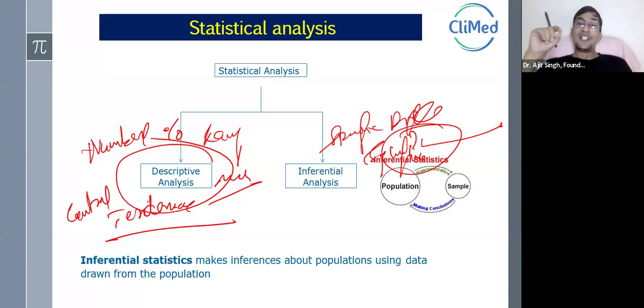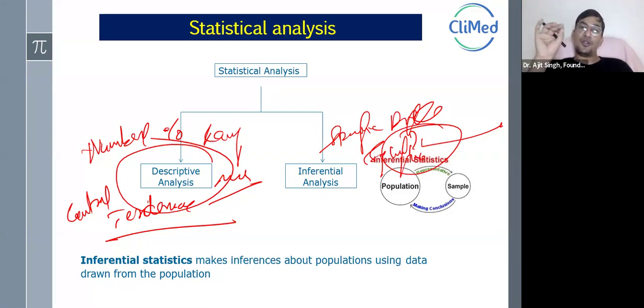But if I ask you, is there any specific or significant difference between the age of male and female? How will you get it? Maybe the weight. Suppose let's not go to the age. Age will be almost similar, 15 or 16 years.